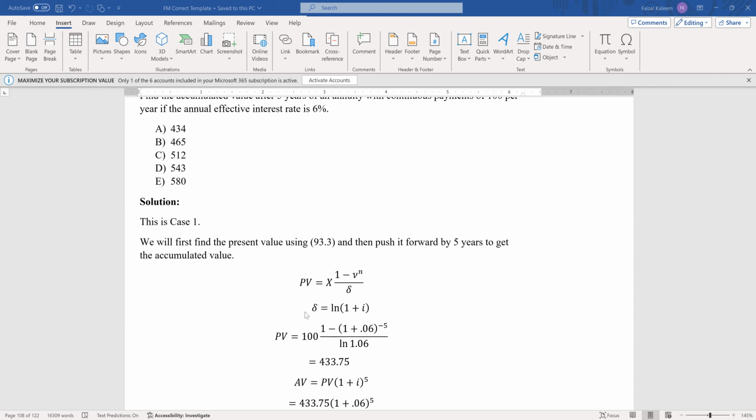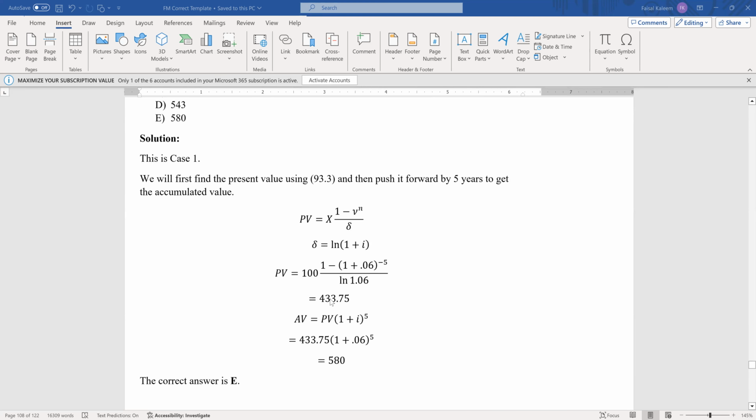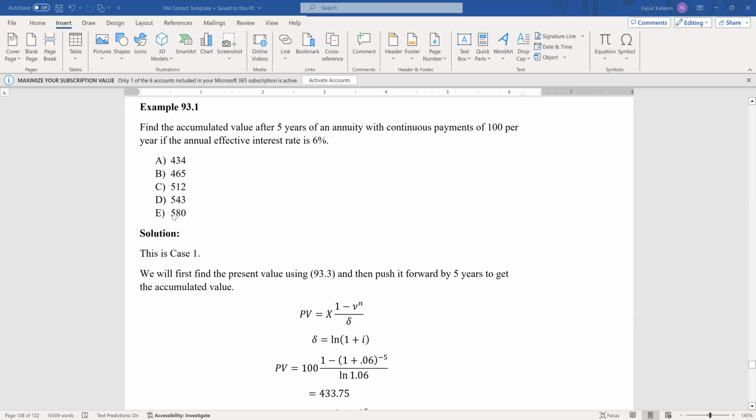I just gave you the present value formulas because the accumulated value can always be found by pushing the present value to wherever you want to accumulate. In this case, we want the accumulated value at the end of 5 years. The present value right now is 433.75, so you push it forward, multiplying the present value by 1 plus i to the 5, to get the accumulated value at time 5. And i was 6%. So we get 580, and that was choice E here.